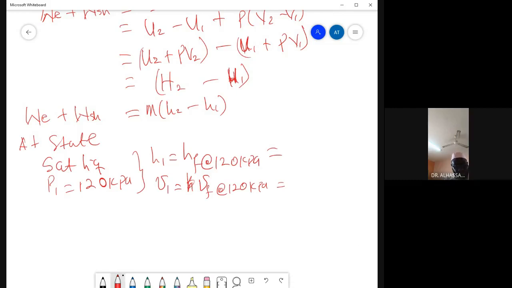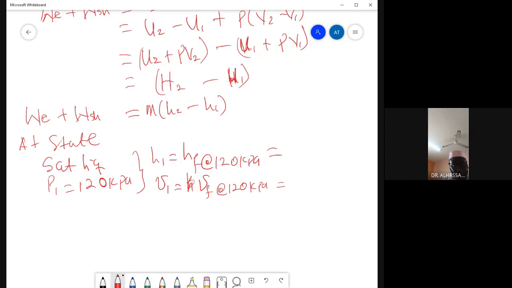So now we look for pressure, saturated pressure table. So at 120 kilopascal, HF corresponds to what? Let's see.